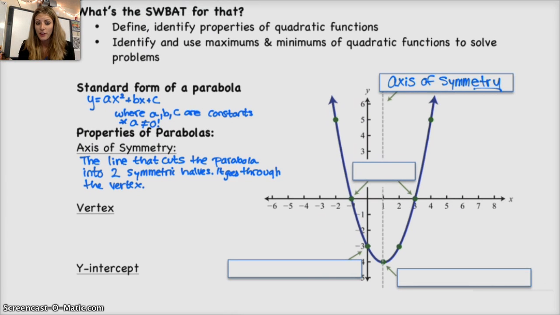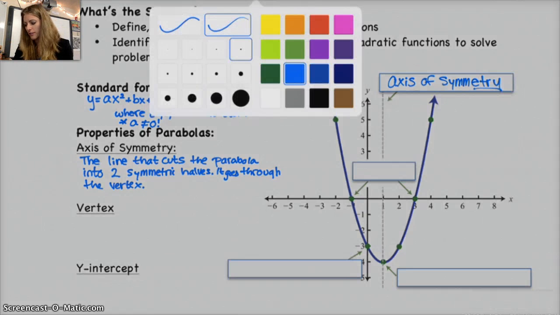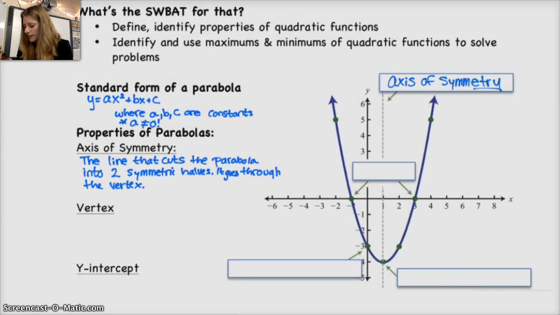As far as the formula for the axis of symmetry is concerned, since it's always the line that goes through the vertex, it's basically whatever the x-coordinate of the vertex is. In this case, the vertex is positive 1, negative 4.